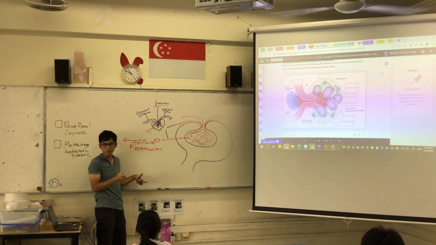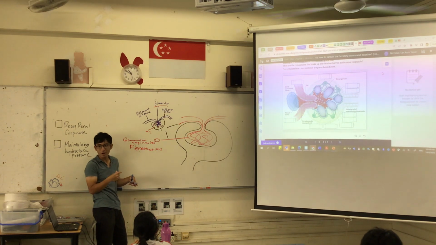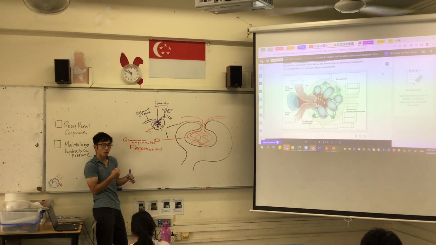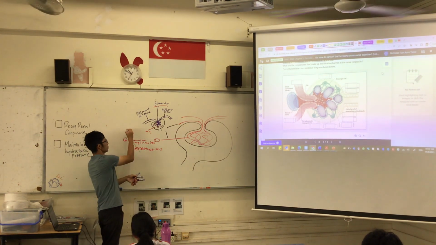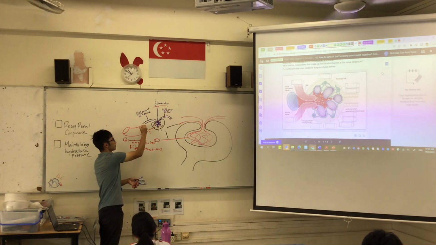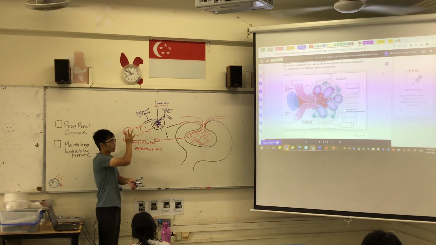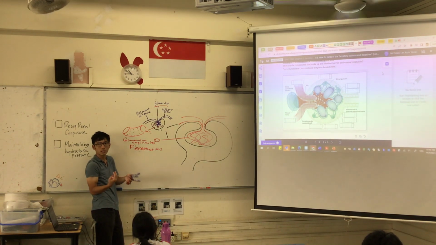Fenestration is just another name for many holes. Okay? That's the first layer of filter. Ensures that you don't pee out blood. These small holes, so this is what the capillary will look like. The capillary has many small little holes. It allows liquid and small things to pass through, but not giant red blood cells and proteins.